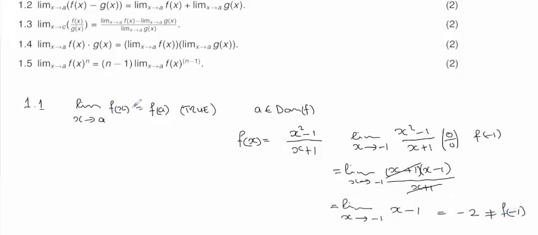So behind this statement where you say it's true, you must understand that this is true only when a is in the domain of the function, meaning that f is defined at a. And when I say f is defined at a, I basically mean that if you evaluate f at a, you get a value which makes sense.